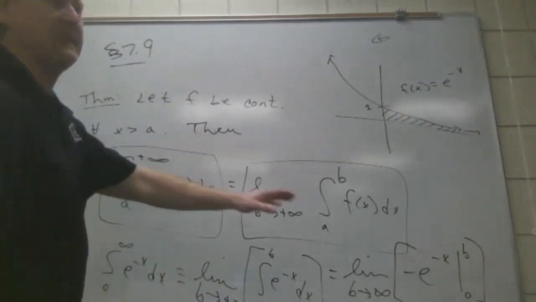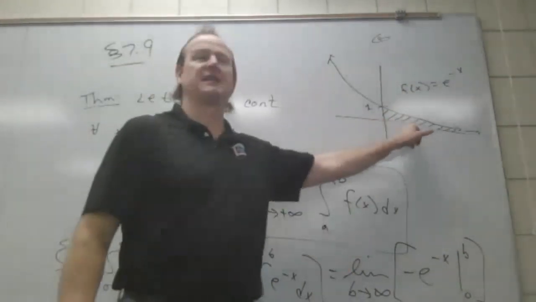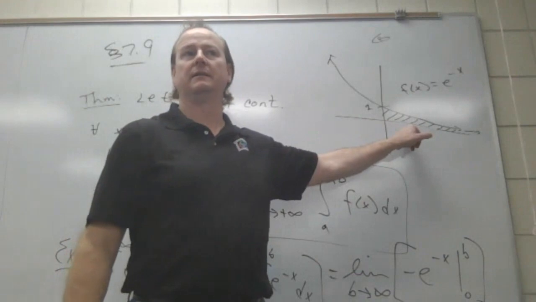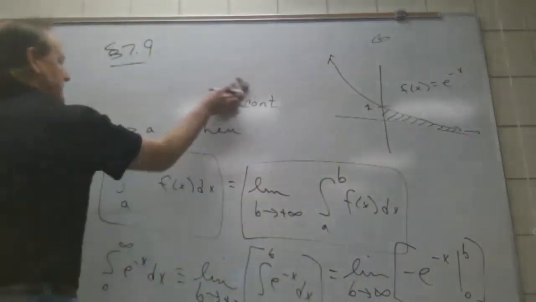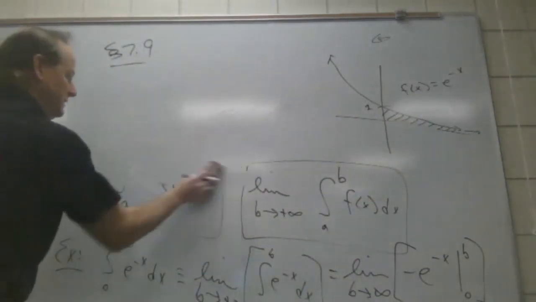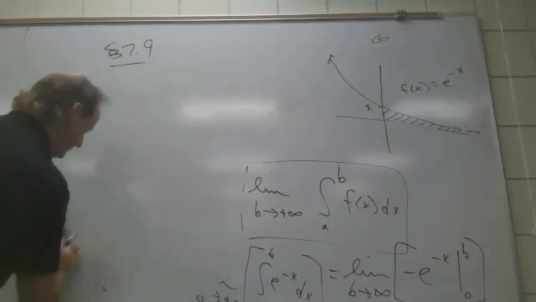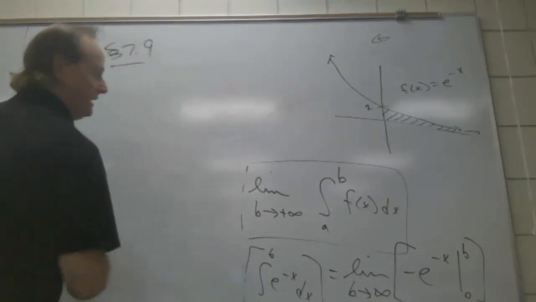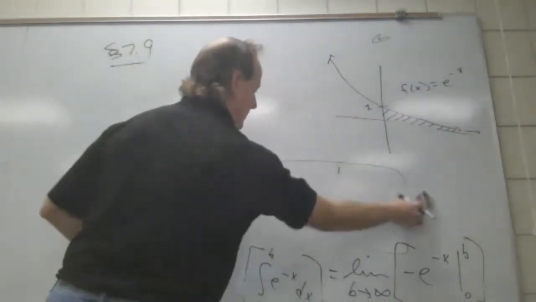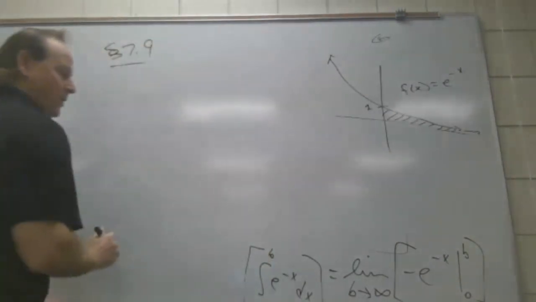Okay? Now, if this limit exists, that's going to be this area. And then we would call this a convergent integral. All right, so let me go up here then and keep going.